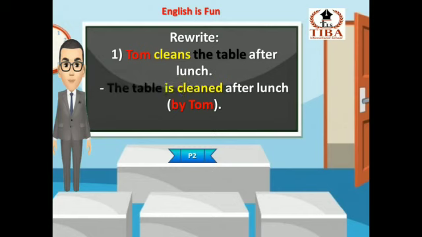Then the verb cleans becomes is cleaned. We put is because the object here is a singular noun. Then the past participle of the regular verb cleans is cleaned. Then after finishing the sentence, we may put by Tom, which is the subject of the sentence, at the end of the sentence. So it becomes the table is cleaned after lunch by Tom.